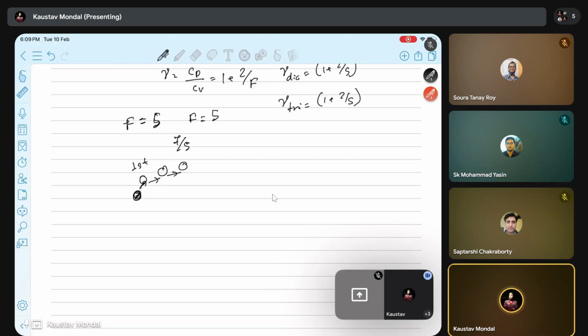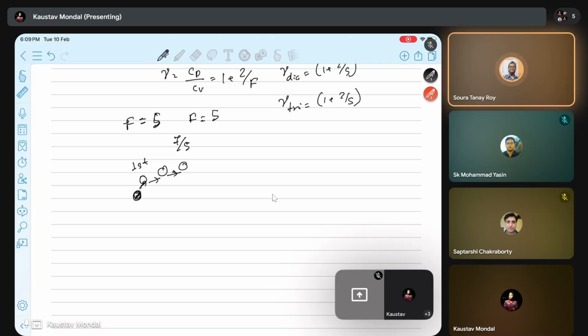That's why the answer mentioned is 2 lambda. I was thinking that since it is suffering three collisions, it should be three lambda.